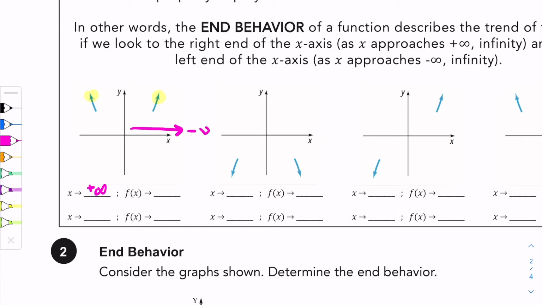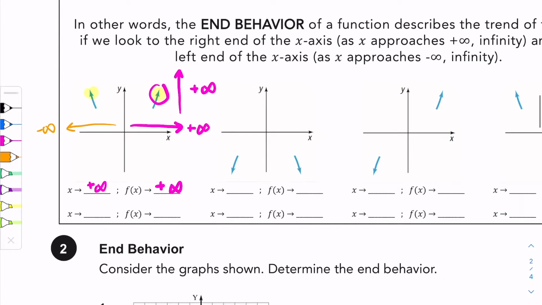So as you look in that direction, clearly the graph is heading up towards positive infinity. So we write f of x is also heading towards positive infinity. As x heads towards negative infinity, the graph is heading up, still towards positive infinity.